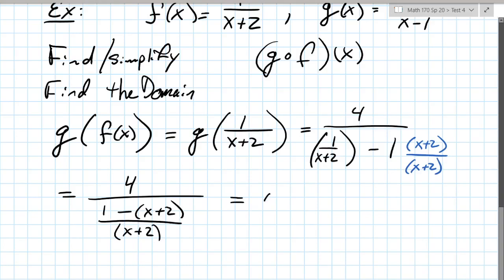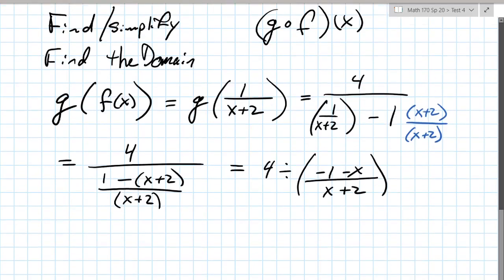And so this is 4 divided by 1 minus 2 is a negative 1 and a negative x, and an x plus 2 in the denominator there. Well, since we're dividing 4 divided by, we need to take the reciprocal and multiply.